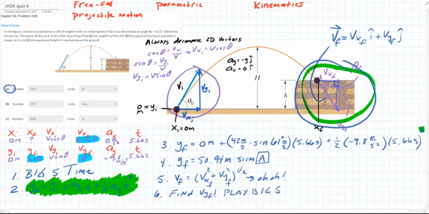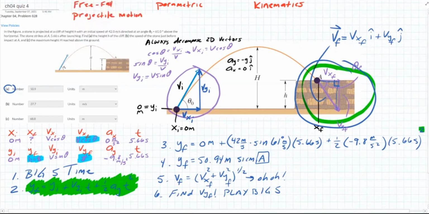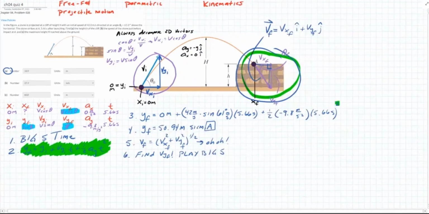The Big Five game is which of the Big Five equations contains the variable you care about, with all other variables known. And the next step is just to look at your data table, the Y data table. I know all of this stuff, and I'm after VY final.